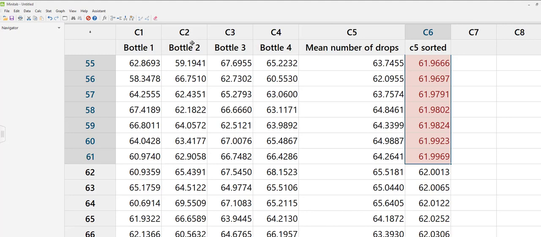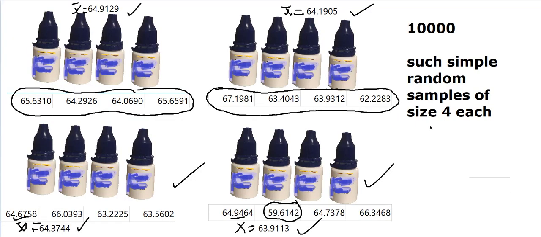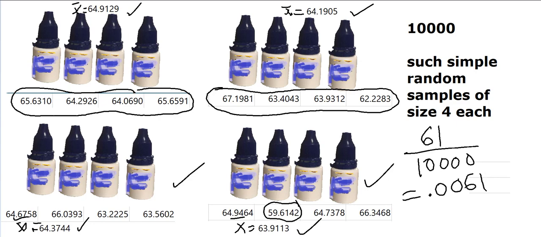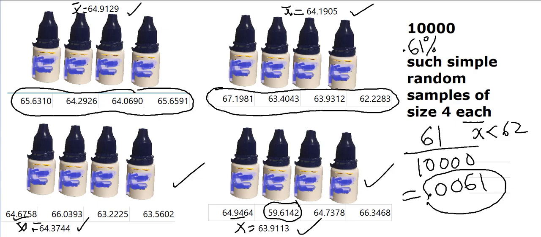So what we found is that 61 out of 10,000, which is 0.0061, is the proportion of samples that will have a mean content X bar of less than 62 drops. Or the probability is 0.0061, or such percentage is 0.61%, which is much lower than the 10.56% that we had.